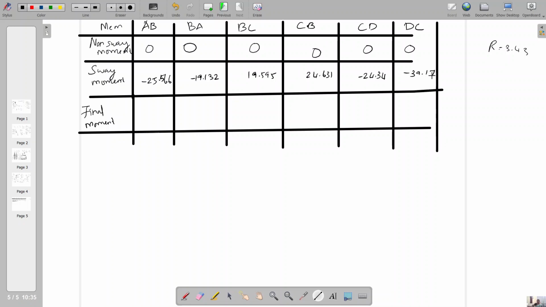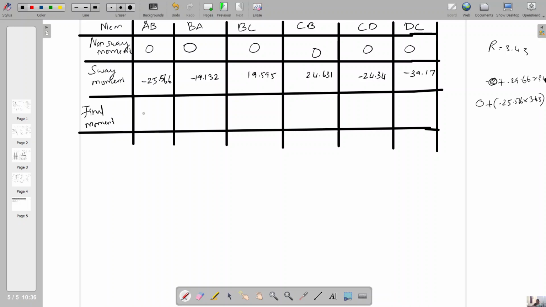I'm not using the correct tool for clarity, anyhow this adjusts. So the correction factor is 3.43. So the first value: non-sway moment is 0 plus sway moment is minus 25.566 into correction factor 3.43.